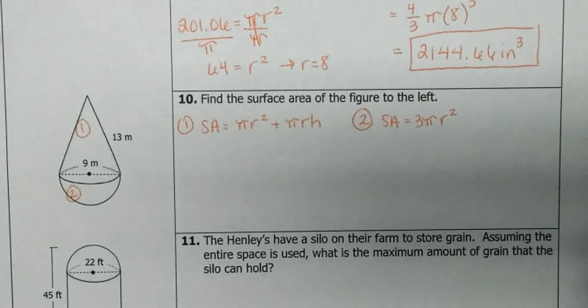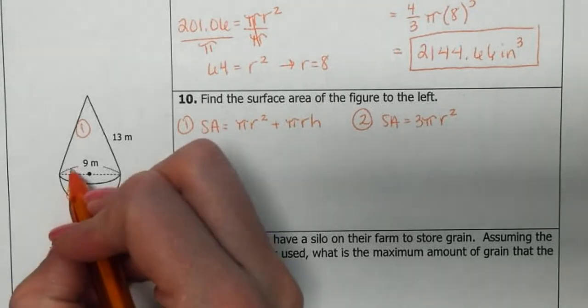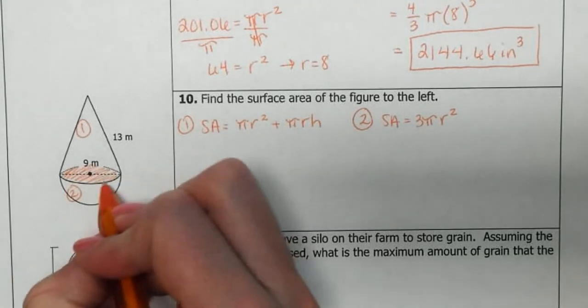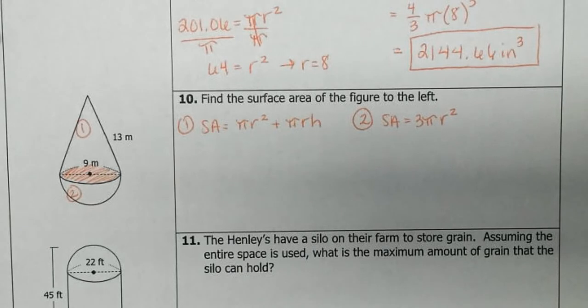But this is surface area, so you only want to calculate the areas that you can touch. You cannot touch this circle in here, and you've calculated it in your circle twice.